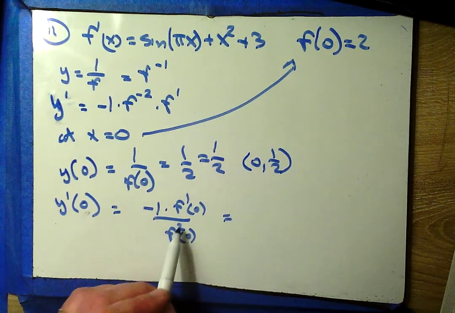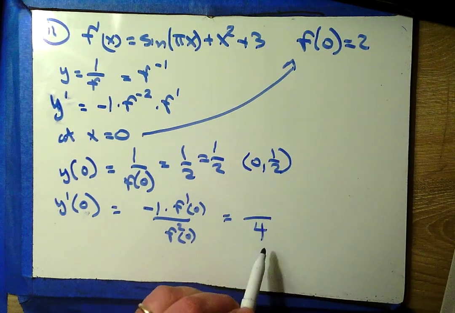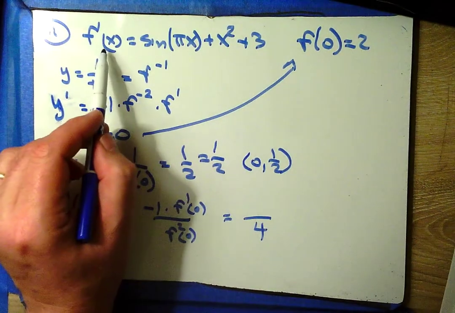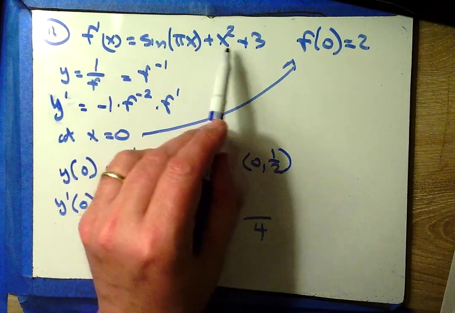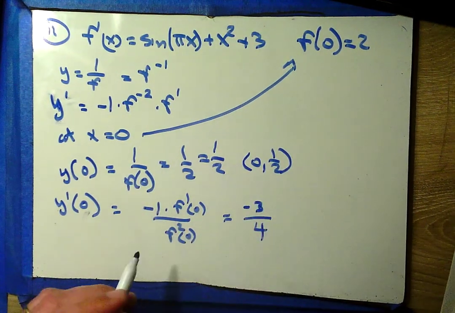Well, I know f of 0 is 2, so f of 0 squared is going to be 4, and f prime is this function up here, and if I plug a 0 in here, I get 3, so I get negative 3/4.